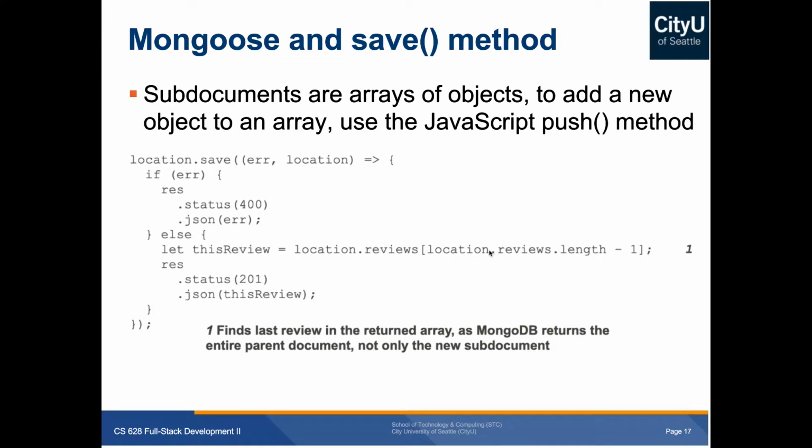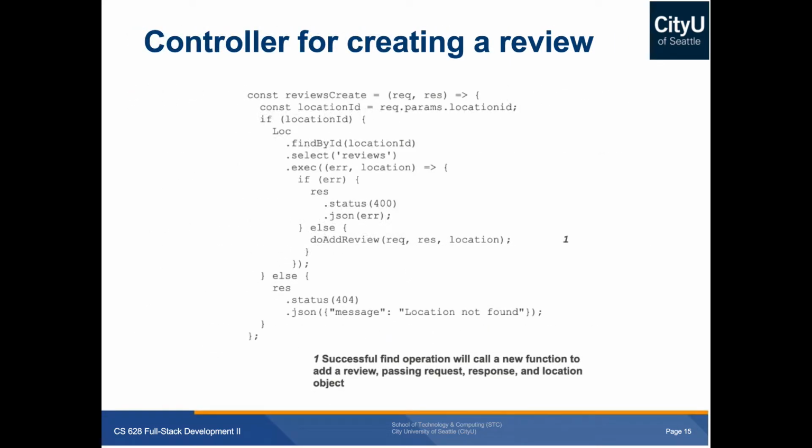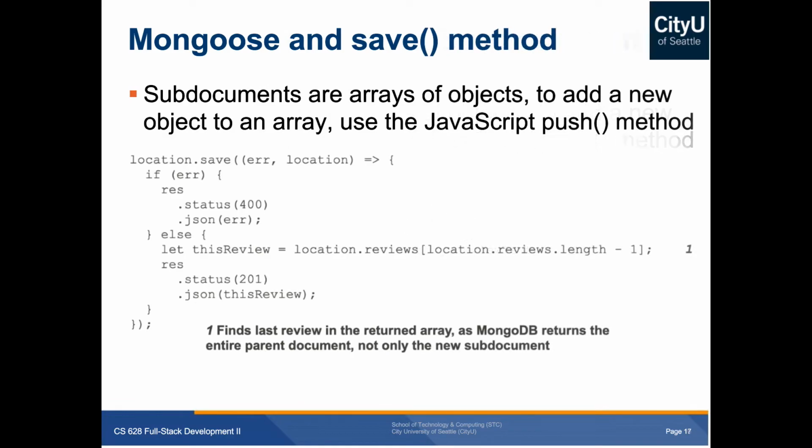Okay, so again, we're saving this to the parent. So before that, we have to do these. Beforehand, we have not done the 201 here, that's why you see the 201 here.